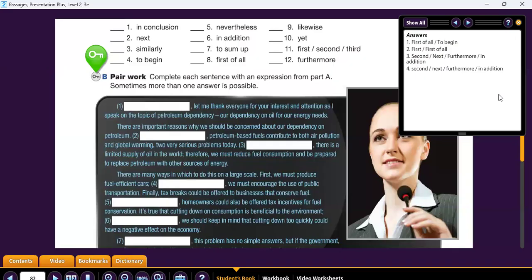Finally, tax breaks could be offered to businesses that conserve fuel. It's also to add information, maybe third or next.